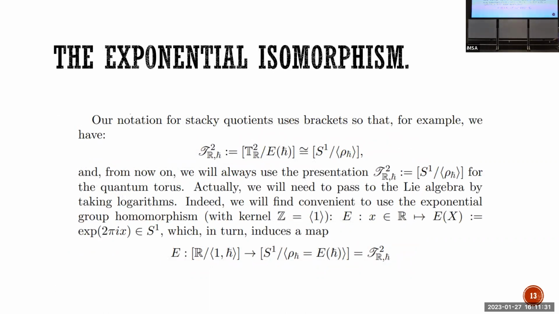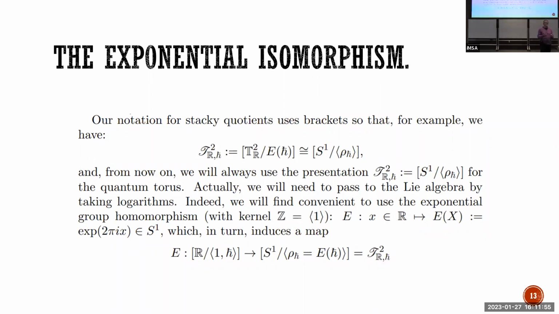In any case, I can further take a logarithm. I can further take the universal cover of this one and divide R by Z plus H bar Z rather than S1 by H bar. And then I get yet another representation of the same stack, R divided by the subgroup of R generated by 1 and H bar.